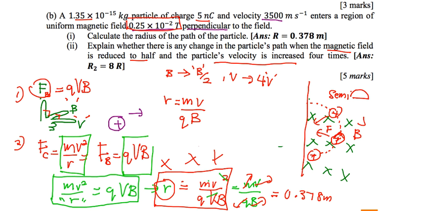Now if B becomes B over 2 and V is increased 4 times, with the mass and the charge of 5 nanocoulomb unchanged, the value of r becomes 8r. Meaning the radius is increased 8 times compared to the initial value when you decrease the magnetic field B by half and increase the velocity of the particle 4 times from the initial value V.